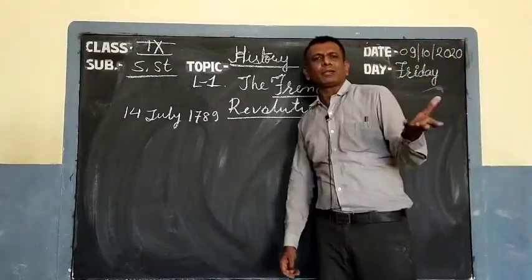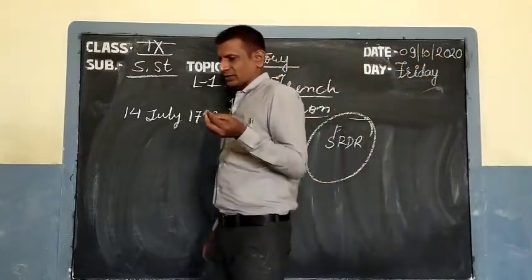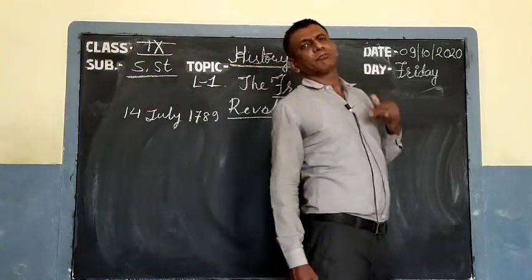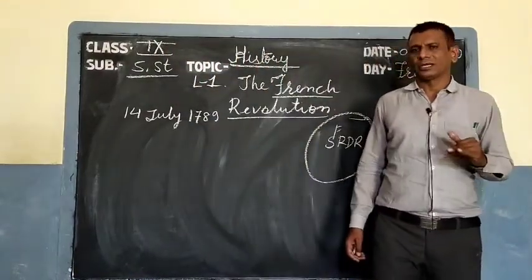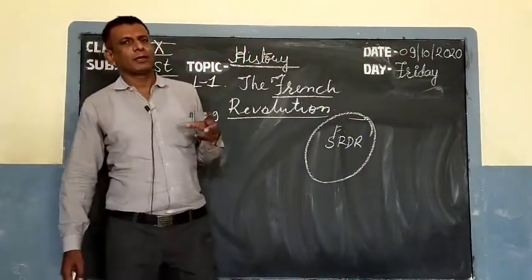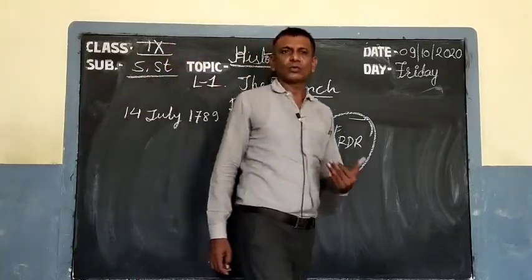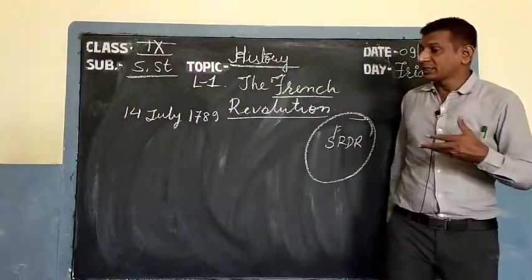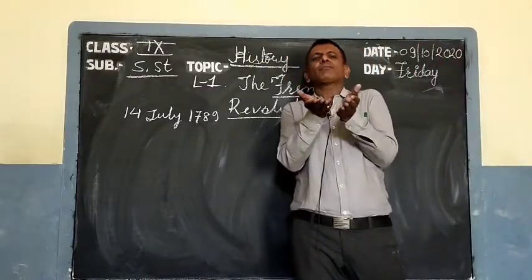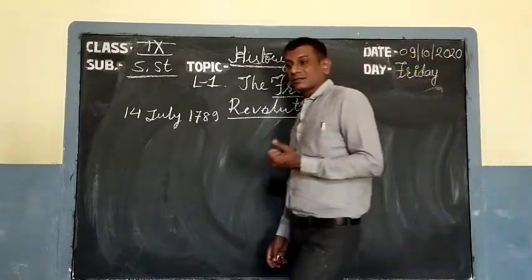Otherwise, people do strikes for small issues. Bharat Band, that is a peaceful movement. People sit on the railway track, people block the roads, but that is only for a particular area and place.